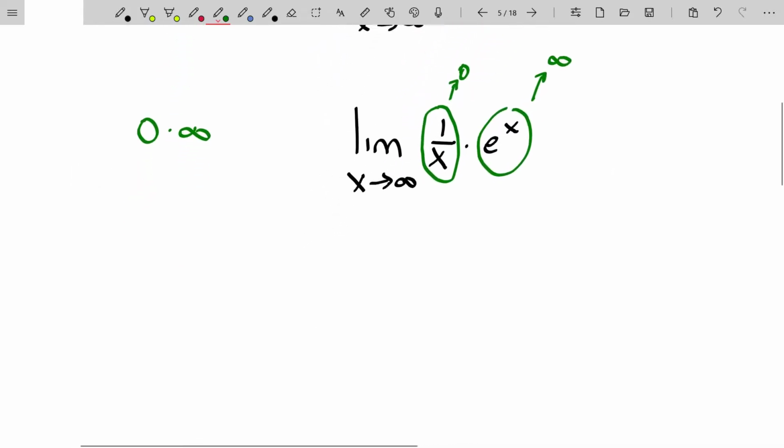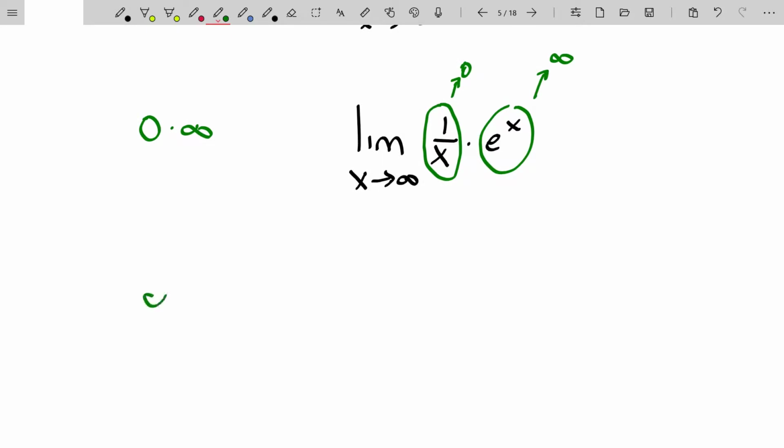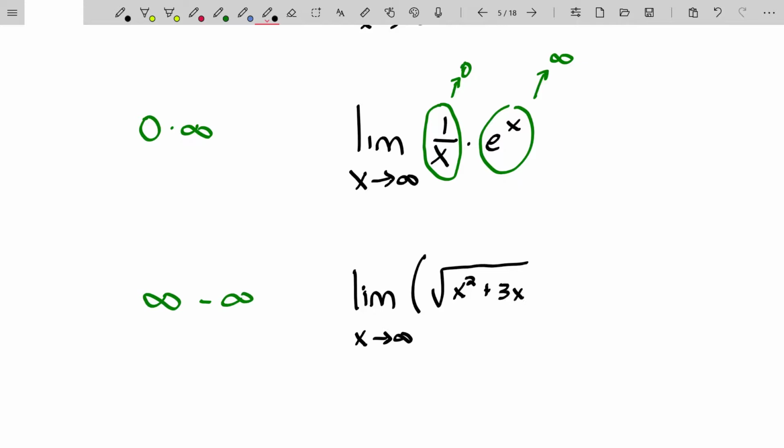The next kind, which is infinity minus infinity, we have actually seen in our limits section of this course. You were dealing with a limit of something like, let's say, x squared plus 3x, and maybe minus x or something like that.